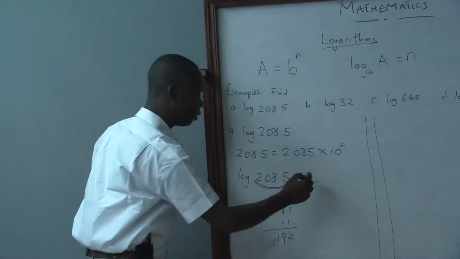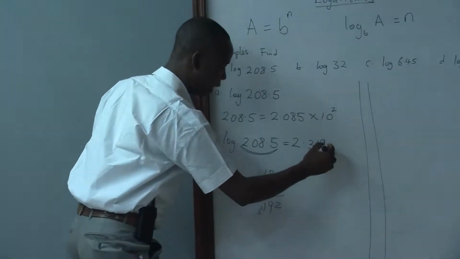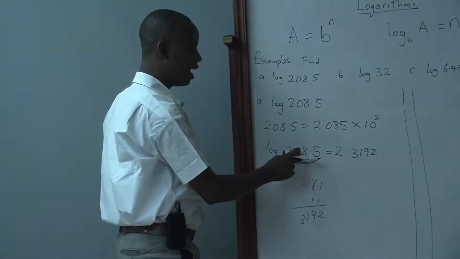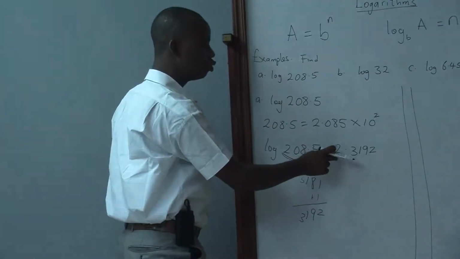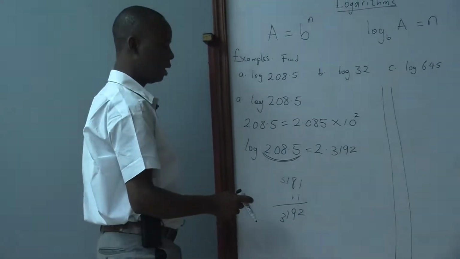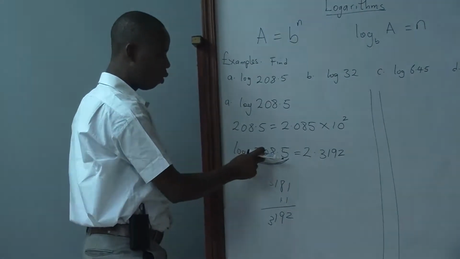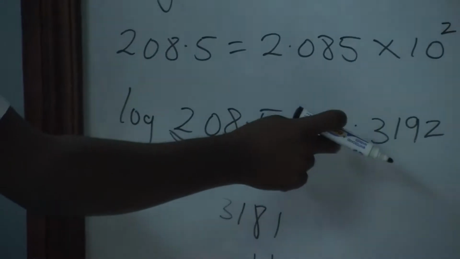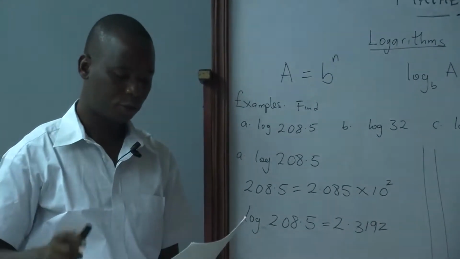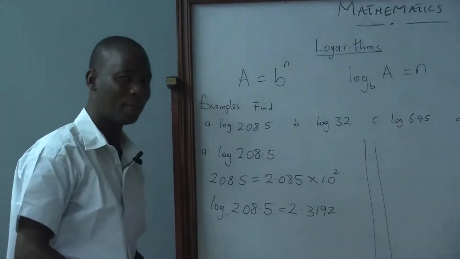So what we're going to have here now, the mantissa, is 3192. So log 208.5 equals 2.3192. Again, log 208.5 equals 2.3192. I would also like to show you how to find this value in another way.